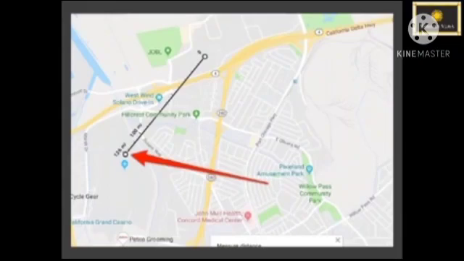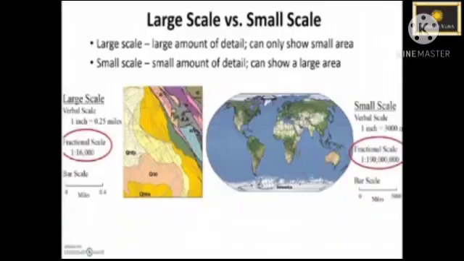So, children, have you all understood what is a distance scale? Yes. Then let's move on to the next one. There are two types of scales: small scale and large scale. Small scale. When a large area is shown on a small map, such a map is called a small scale map.